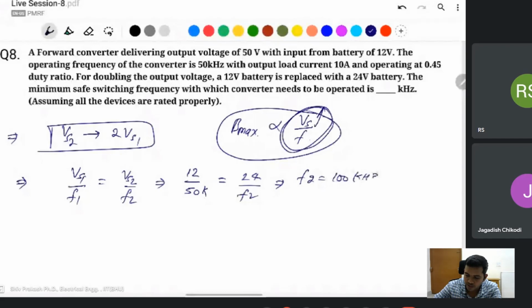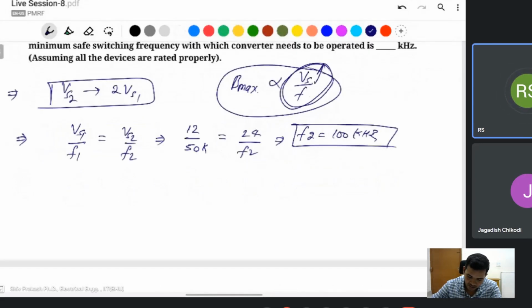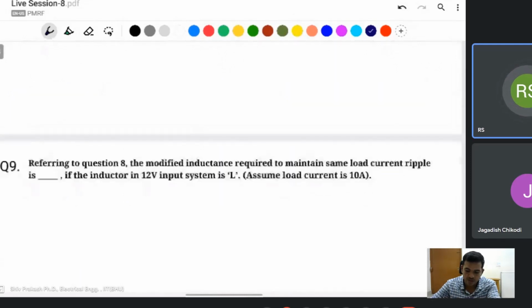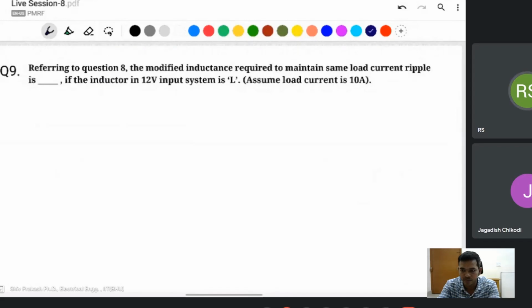You should increase the frequency for the same operation. Sir, basically here we are doing volt-second balancing, and core flux density is also maintained. Both are the same; the average of fluxes should be the same.